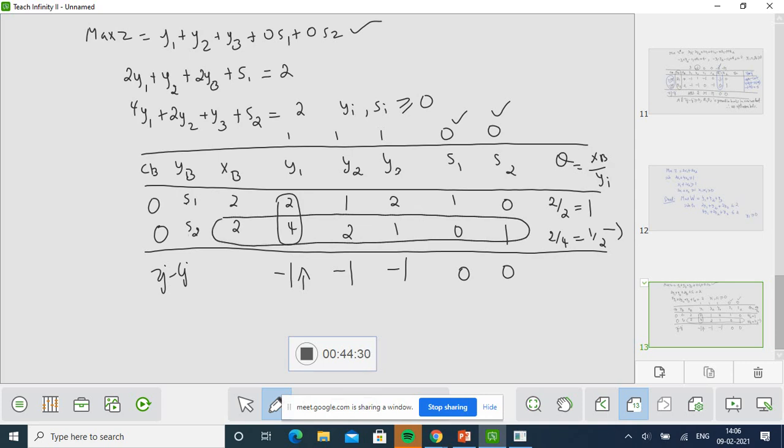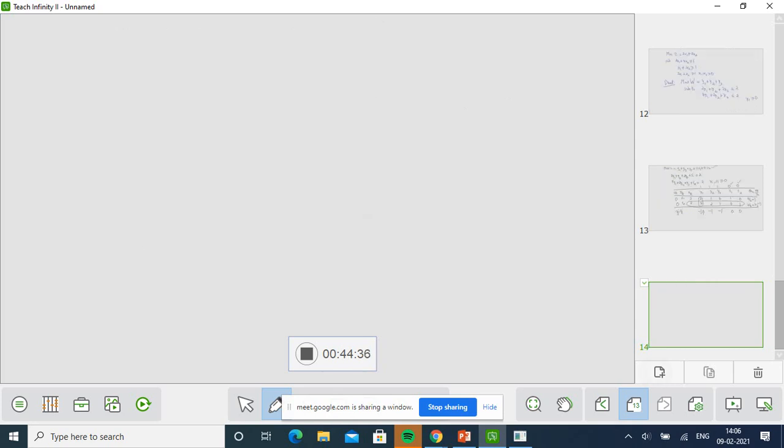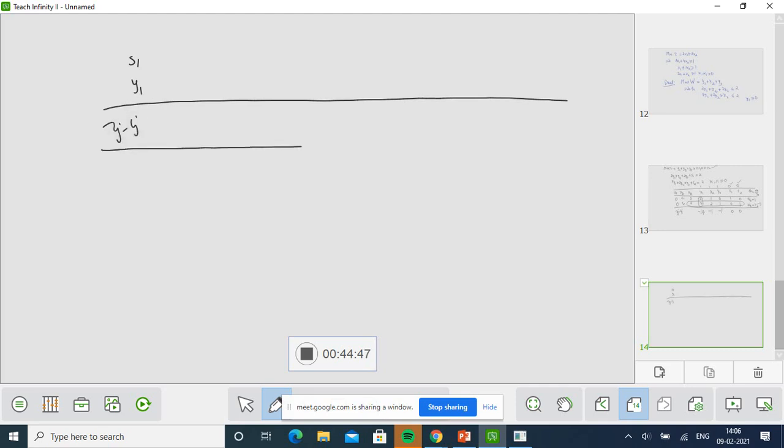Go for the next iteration. You will have S2 leaves and Y1 enters. So you will have S1 Y1. I need Zj minus Cj. I'm going to have my CB, YB, XB, all these values.